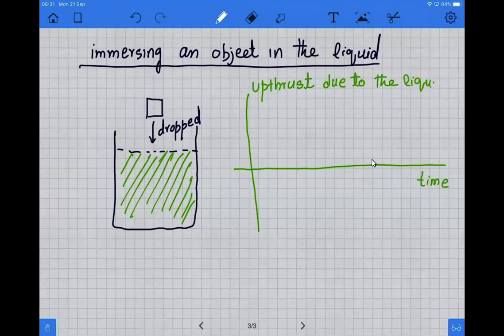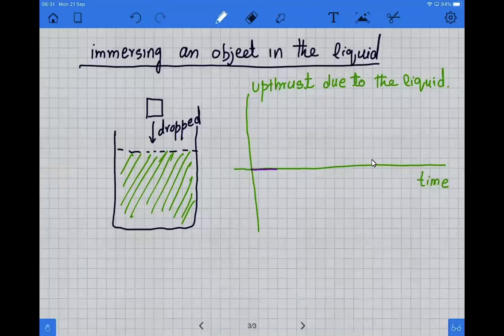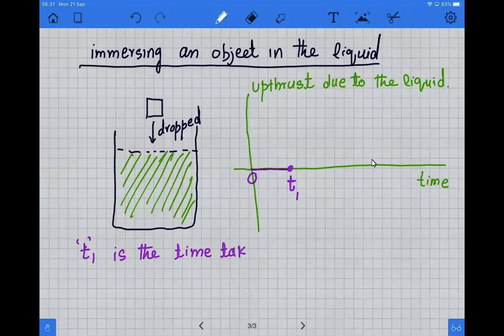As long as the object is not in contact with the liquid, it will not experience any upthrust. So up to a certain point, say T1, the object will not experience any upthrust, as it takes T1 to reach the liquid. So T1 is the time taken to reach or touch the liquid.